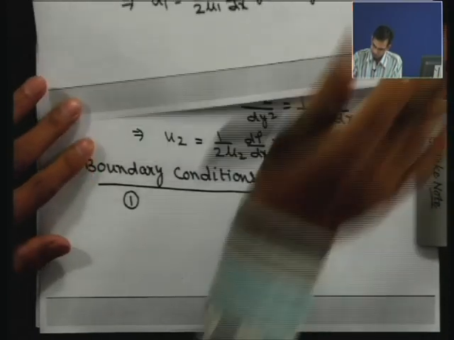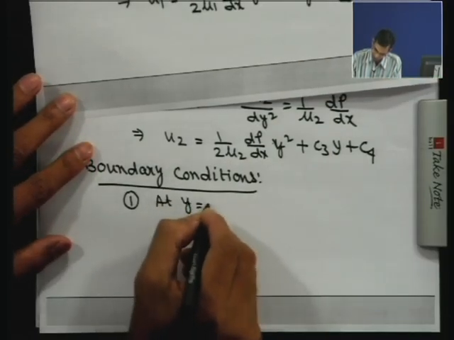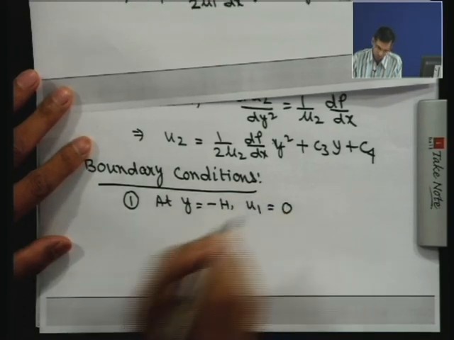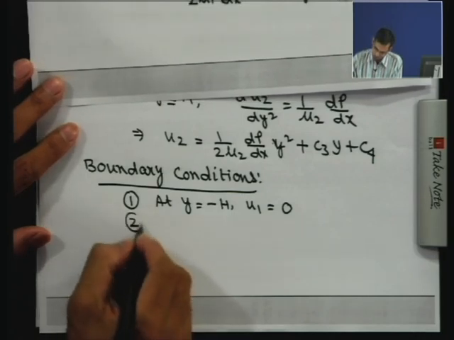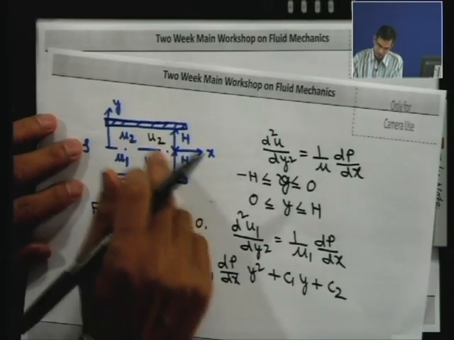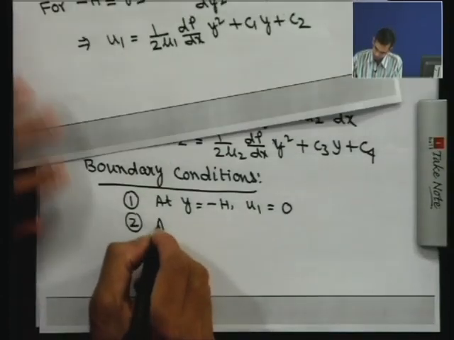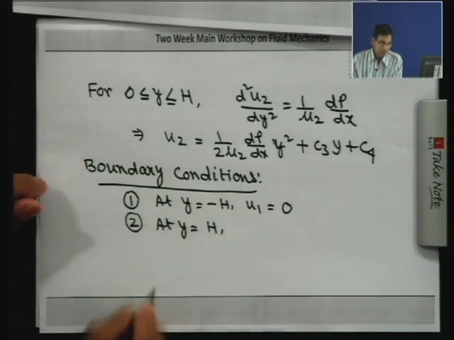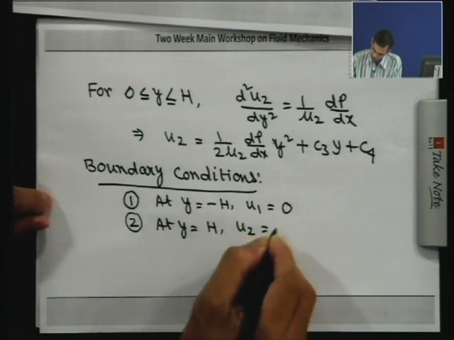Similarly, at the upper plate, at y equals plus h, again from the no slip boundary condition u2 will be 0.